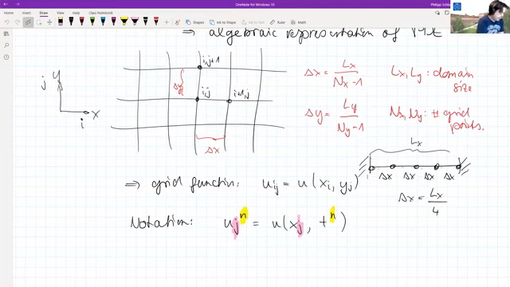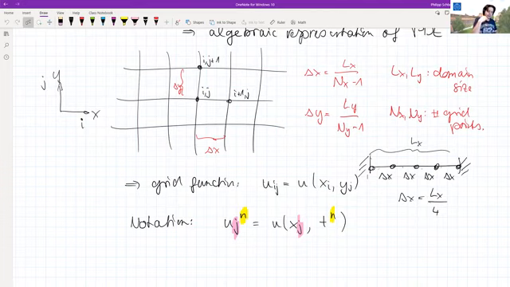Okay, very good. So now welcome back to the second hour. So what we have done just before the break was to define the grid function. So meaning that we have discretized the domain. So we have put a grid, and we have written our grid function.